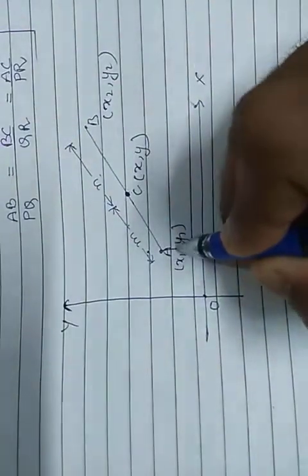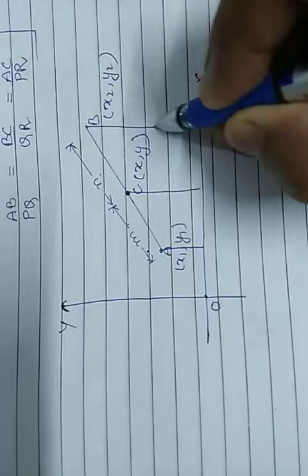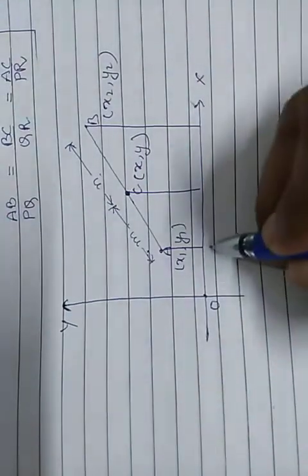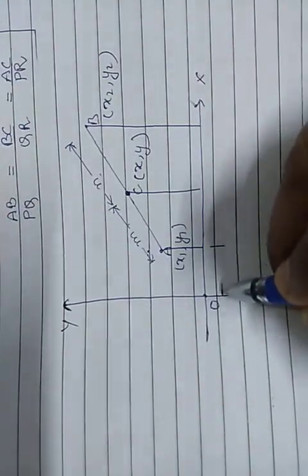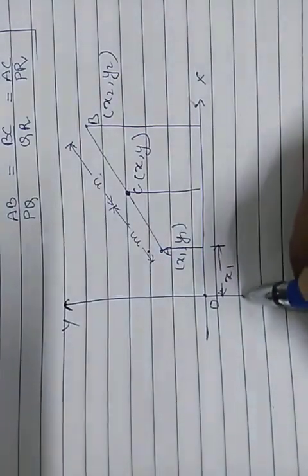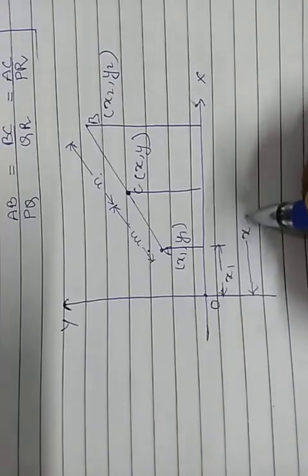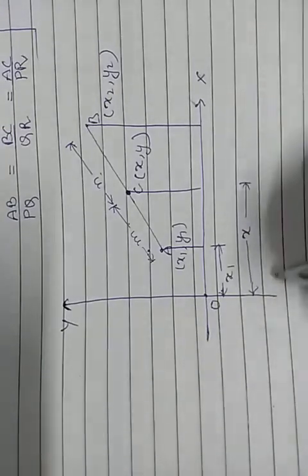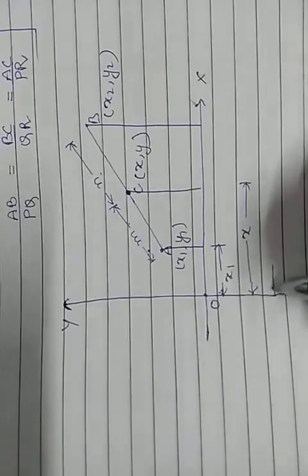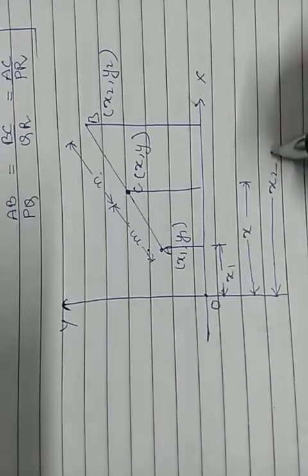So I will draw a perpendicular from all the 3 points on the x-axis, and obviously this length is equal to x1, the second one is equal to x, and the third one is equal to x2.